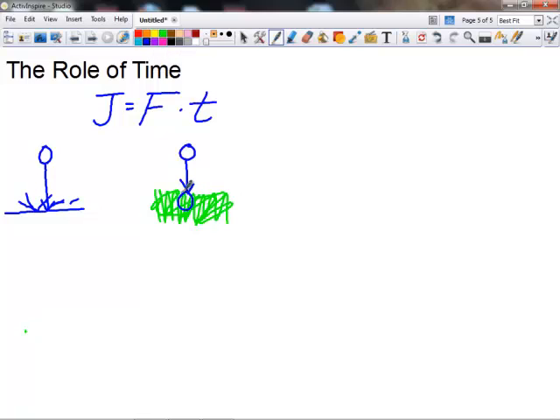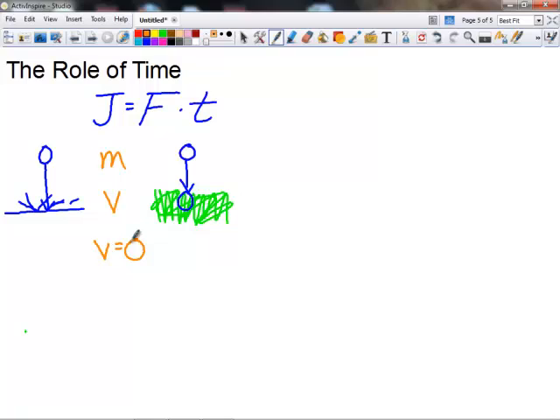All right? If you look at the two examples here, if they both drop from the same height, the speed at which they hit the ground is going to be the same. Okay? So they're going to have the same final velocity at both places. Okay? The velocities are the same, the masses are the same. If they then stop, they come to a rest after they hit the ground, we know that the change in the momentum will be the same. Okay?